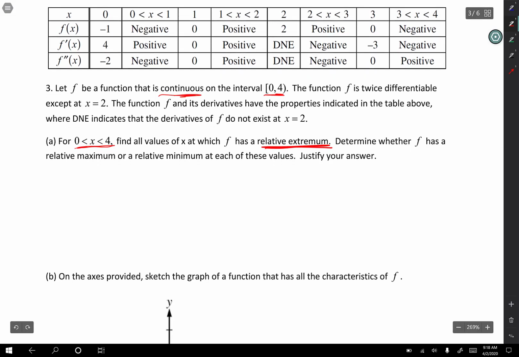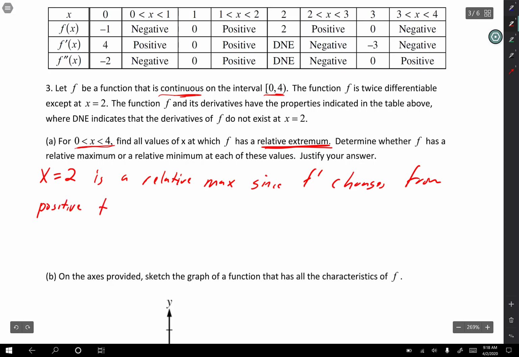So I'm going to say it goes from positive to negative. X equals 2 is a relative max since f prime changes from positive to negative at x equals 2.